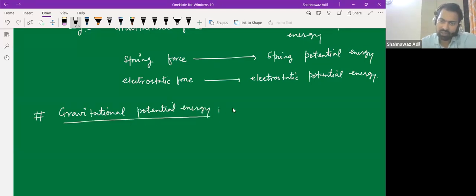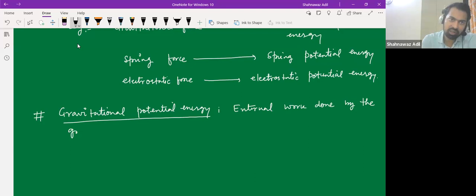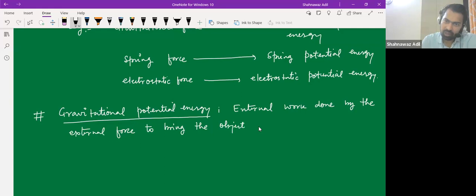Right, so this is work done by, or let's say, so this is external work done by the gravitational, or let's say by the external force to bring the object at certain height.